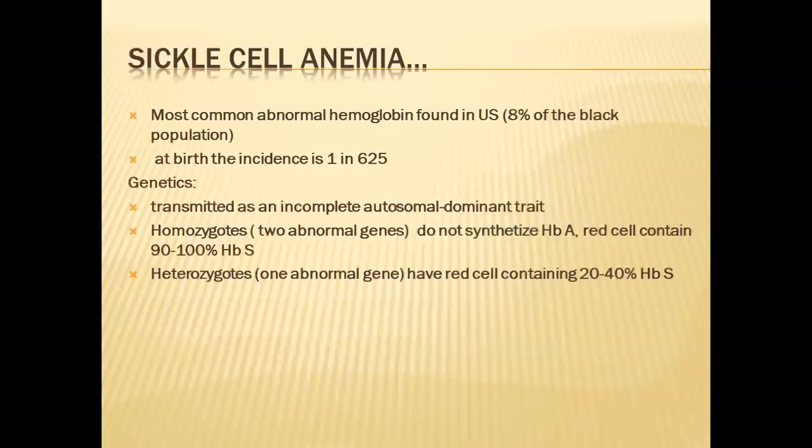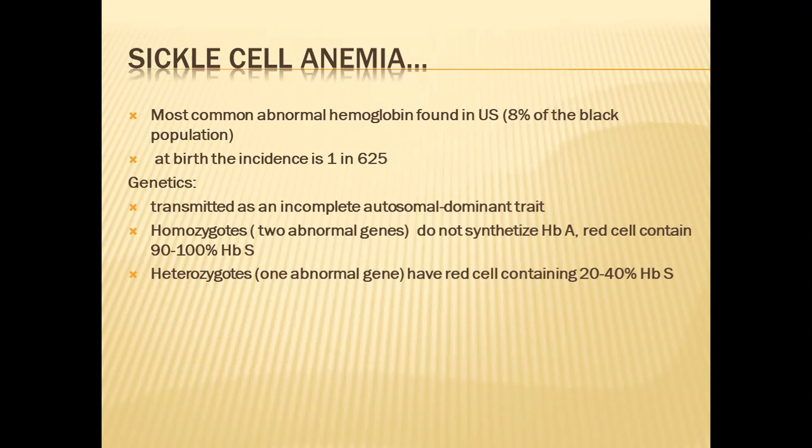So, sickle cell anemia, as the name indicates, is basically when the RBC becomes sickled, which then leads to destruction of the RBCs, and then anemia occurs.